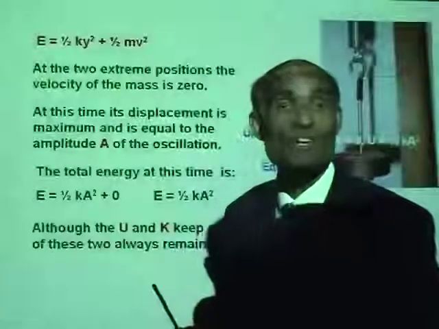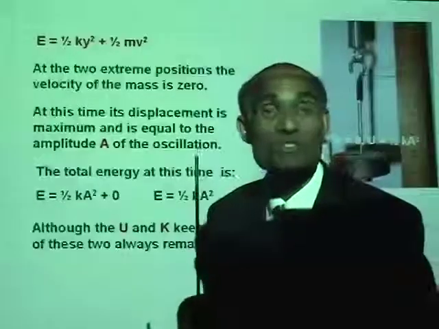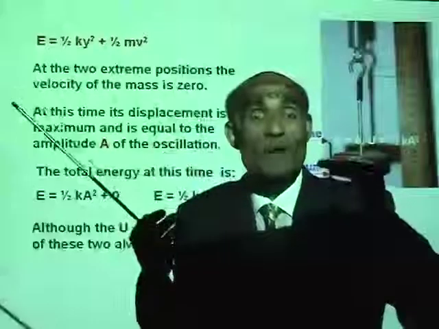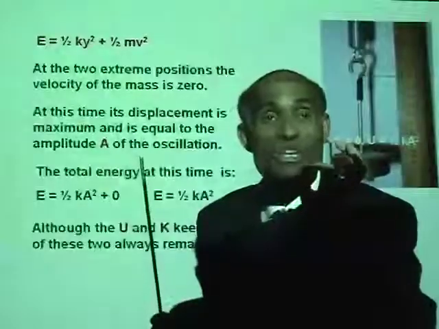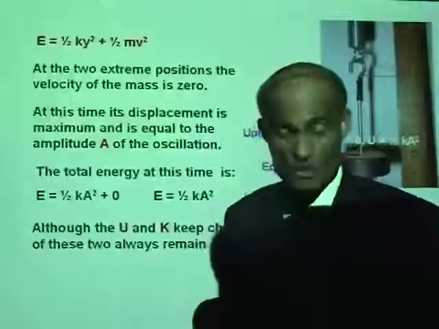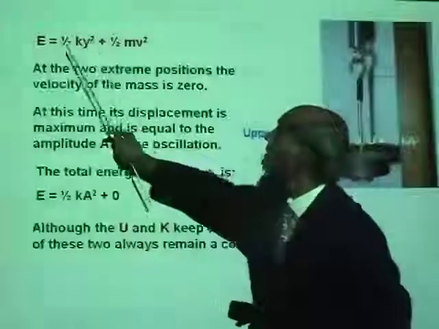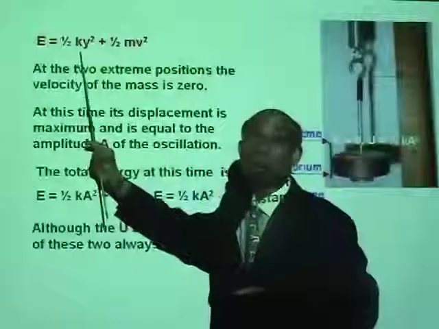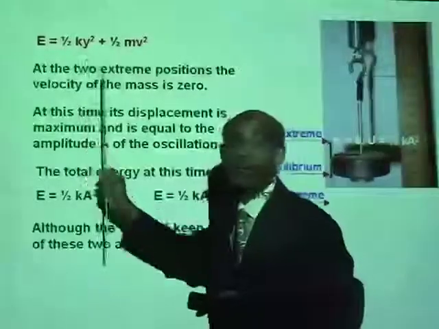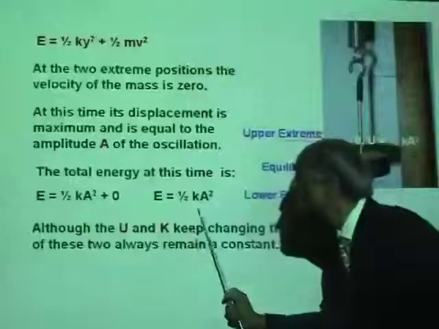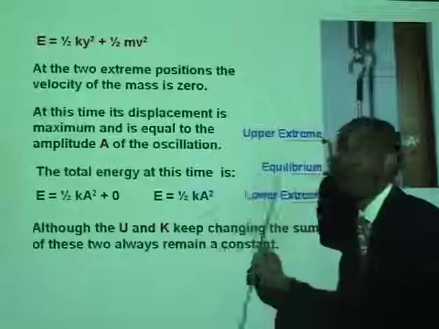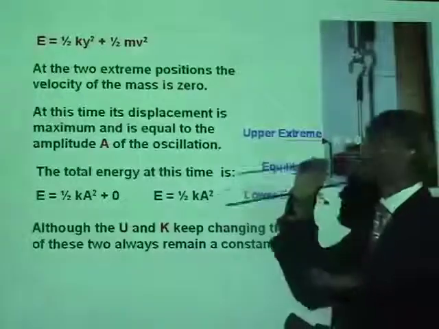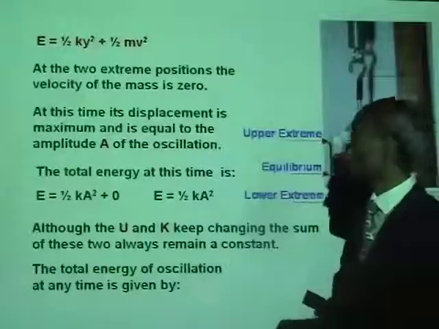The law of conservation of energy tells you that energy can change from one form to another, but the total energy remains a constant. So, if this is the total energy at any given time, this total energy must be equal to this total energy when it is at the upper extreme or at the lower extreme.